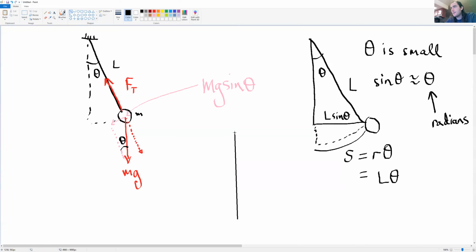So here's a small theta. And we can see that this distance here is approximately equal to that curvy distance there. And the smaller theta is, the more those two are equal. So these are approximately equal.